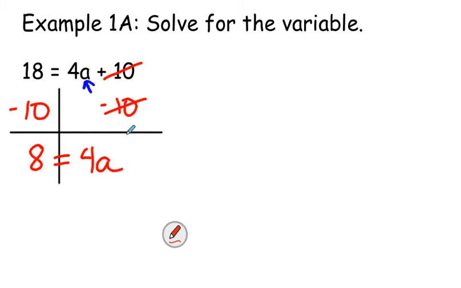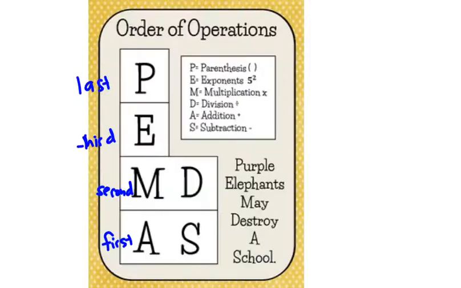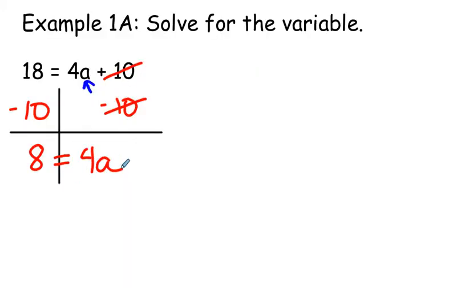Now remember, you've already added or subtracted. The next step is to look for anything that is being multiplied or divided. 4 is being multiplied by a, and since I need to get rid of this 4, we're just going to divide it. Now this 4 and this 4 cancel out, leaving me with a equals 8 divided by 4, which is 2.